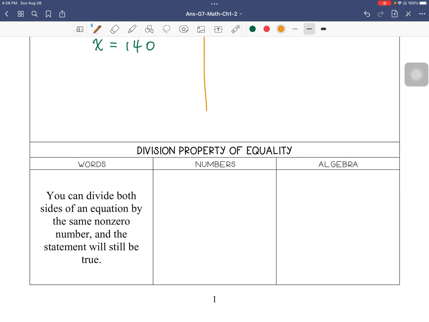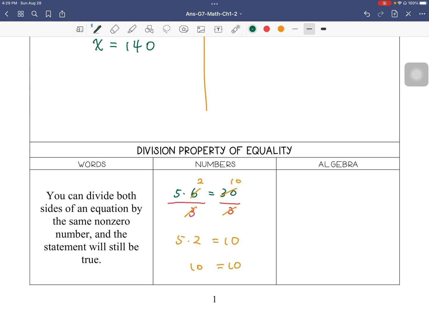Secondly, I talk about the division property of equality. So now I can divide both sides by the same non-zero number and the statement will still be true. So for the numbers, 5 times 6 equals 30. At this moment, if I divide both sides by 3, it will become 5 times 2, which is 10, and 10 equals 10.